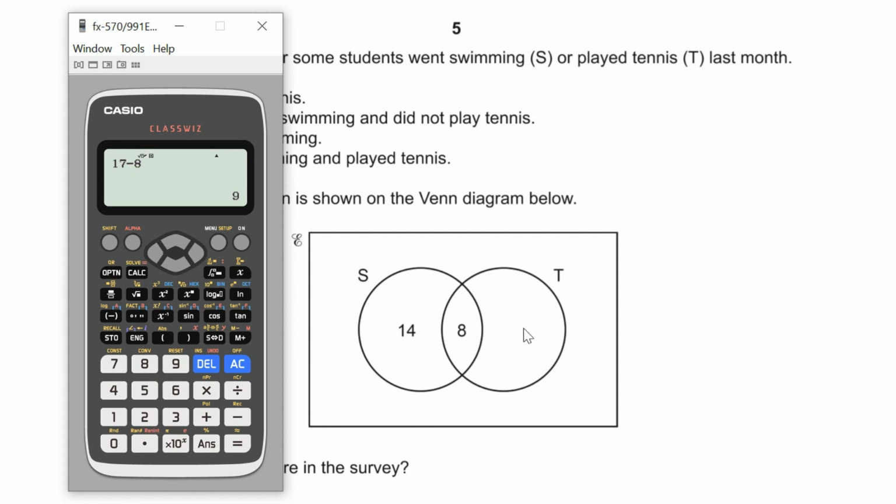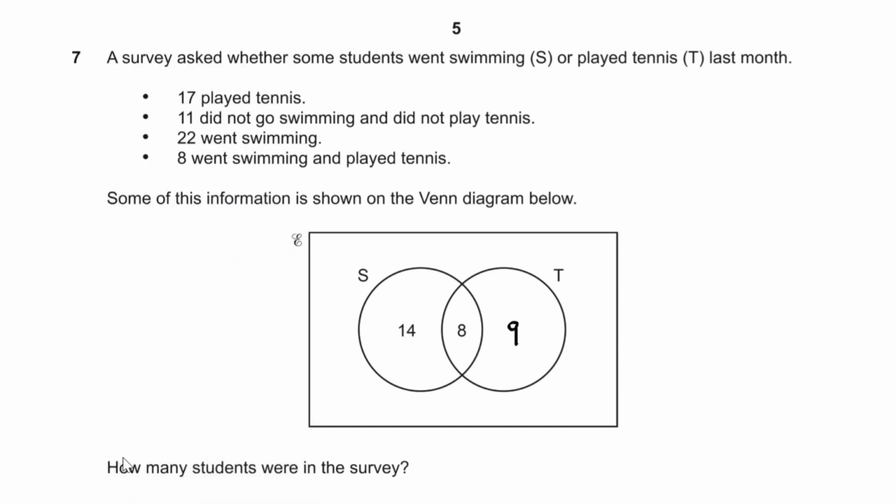And therefore, you can see here we've got 9 who play tennis only. We see that 22 students went swimming, and indeed this is confirmed by working out 14 plus 8. We see that 11 students did not want to go swimming and they did not play tennis. So we have 11 on the outside here.